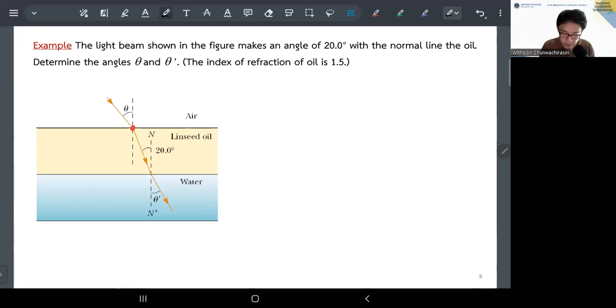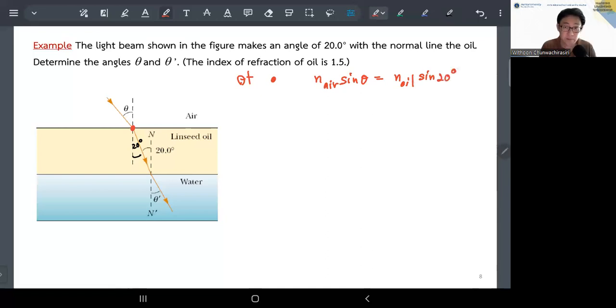One thing you know right away from geometry is that this one is supposed to be 20 degrees as well. So at the red dot, I can write it like this right away. N air, pay attention, at the top layer is going to be sine theta, which must be equal to, look at the oil layer, the linseed oil layer, N oil times sine 20 degrees.